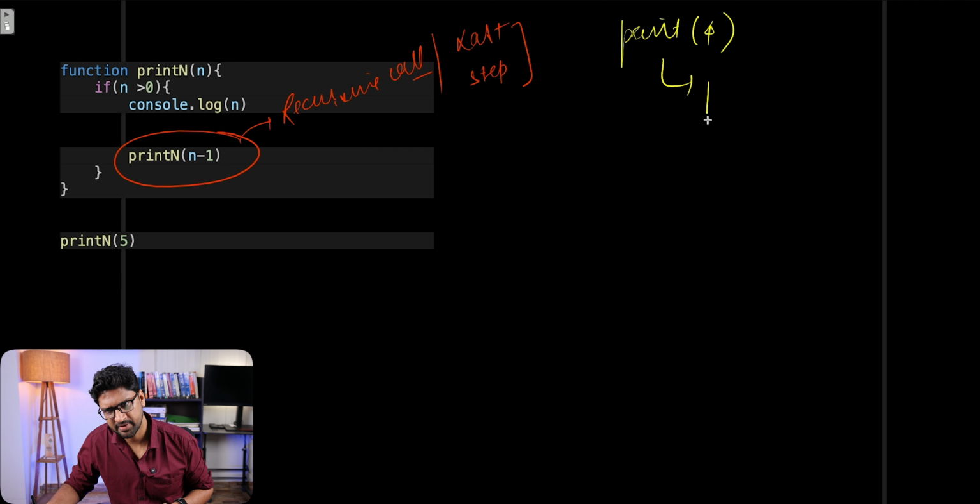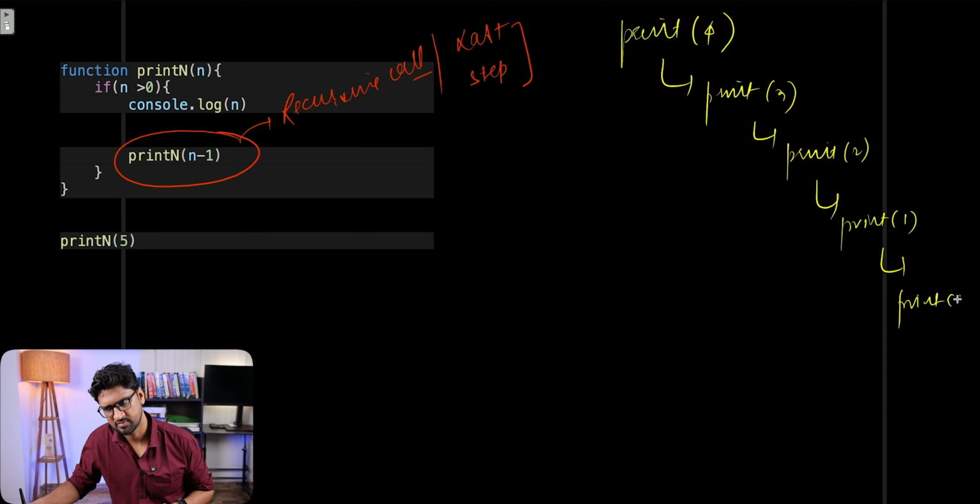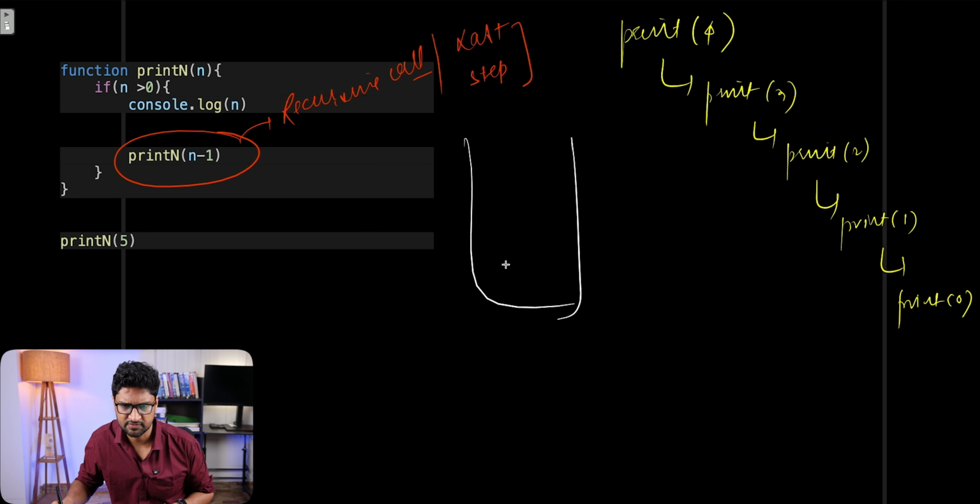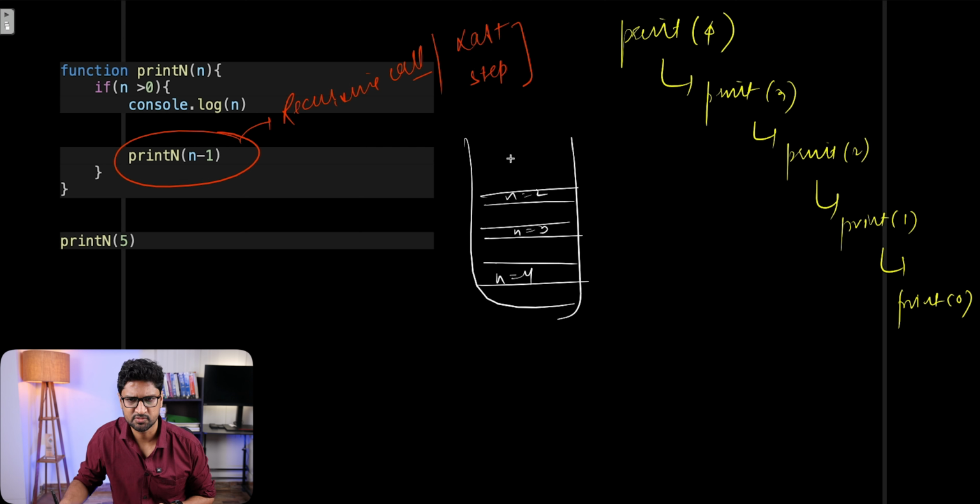It will call print 3, it will call print 2, it will call print 1, it will call print 0. And in the call stack, it will first store n equals 4. The next time it is called, n equals 3, n equals 2, n equals 1, and then 0. Like this it will be called.